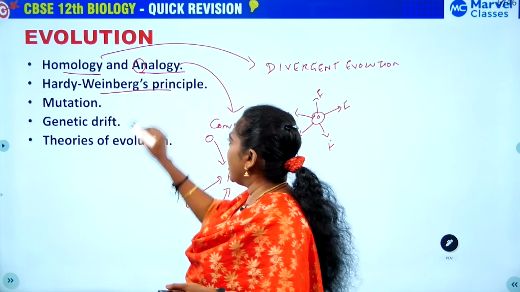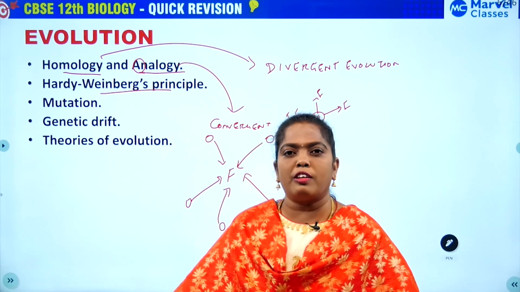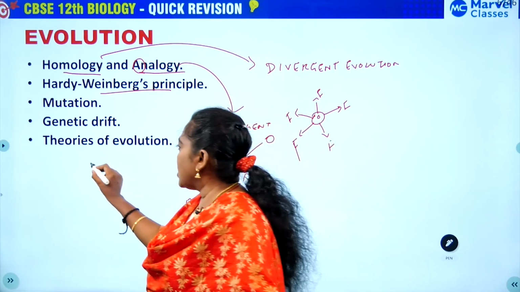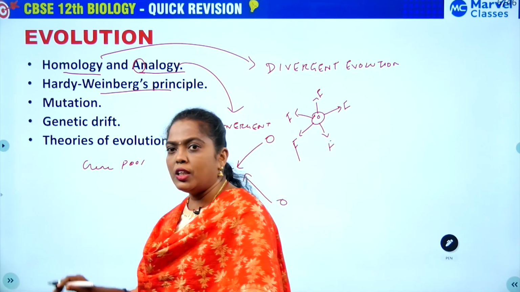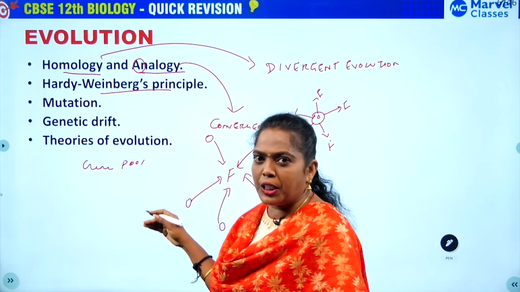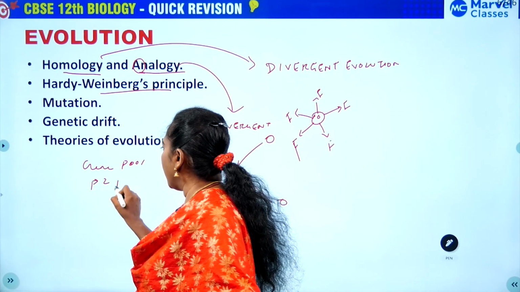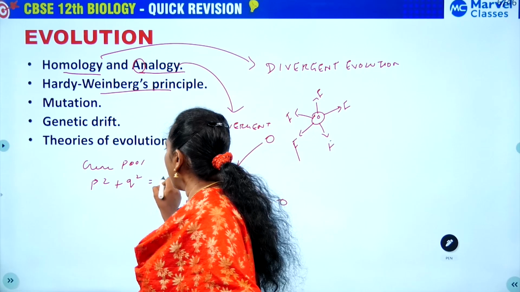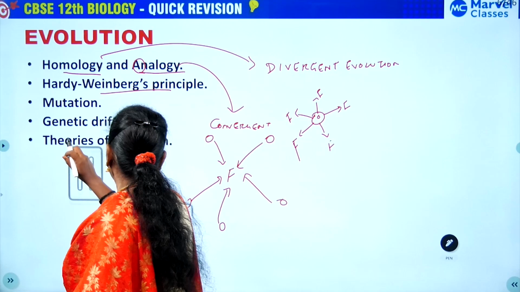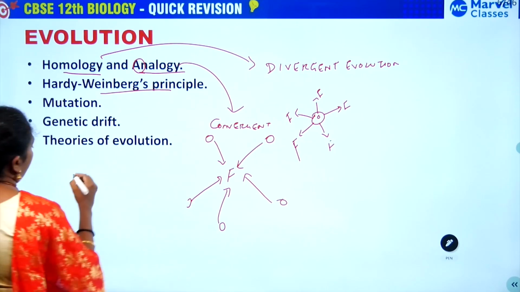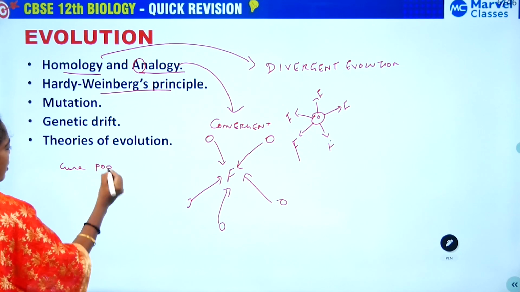Then this is another important question, Hardy-Weinberg's principle. When you are talking about the Hardy-Weinberg principle, just talk about what a gene pool is. If they are asking it as a 5-mark question, then start with what a gene pool is.